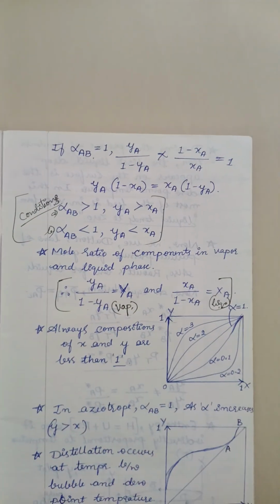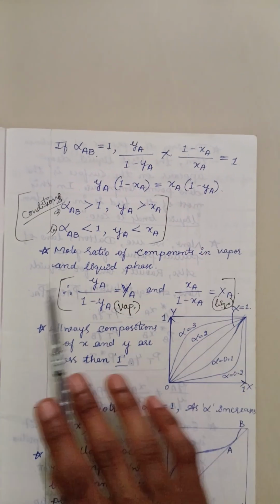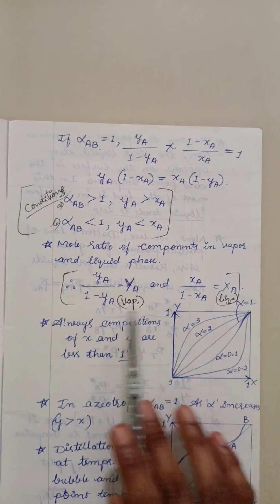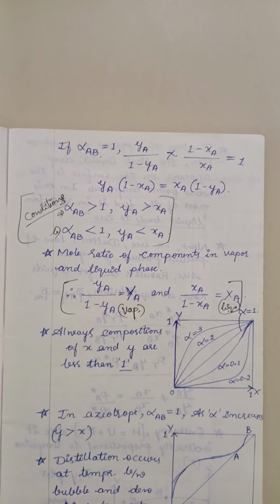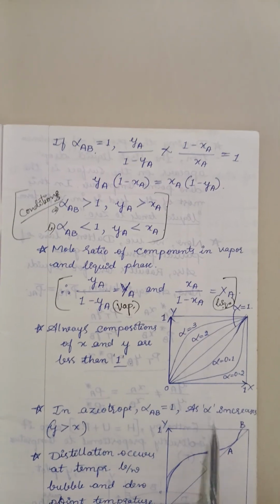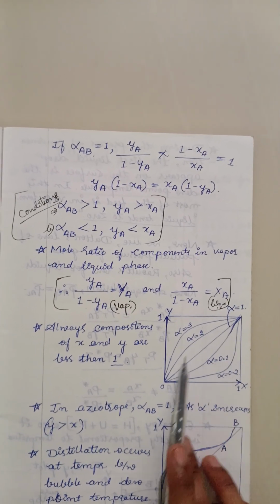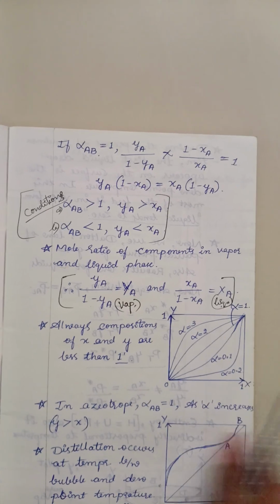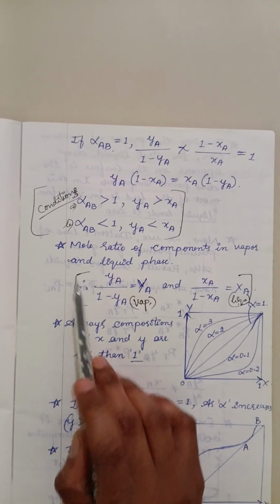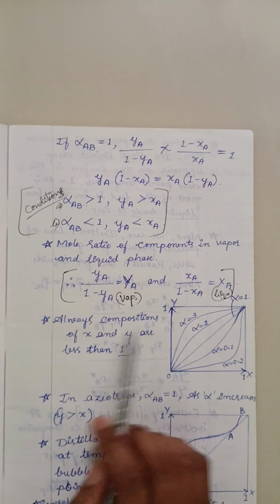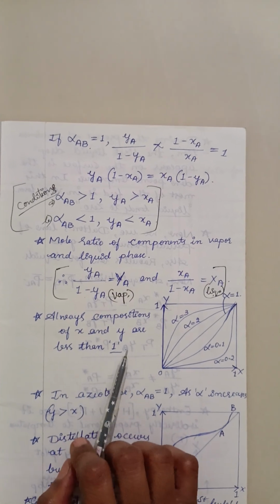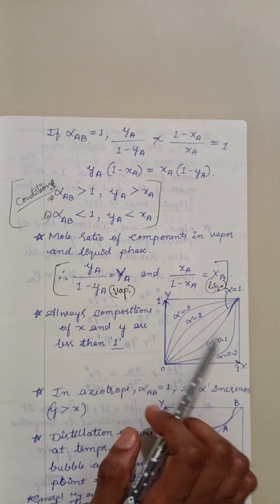Now we have the mole ratio of the components in both vapor and liquid phases, which we have given in this equation. Next we have two graphs showing the alpha values. Alpha equals 1 is considered for ideal liquids, ideal fluids. In this case, the compositions of X and Y are always less than 1. We have two cases here.